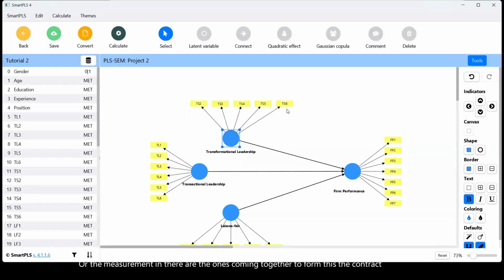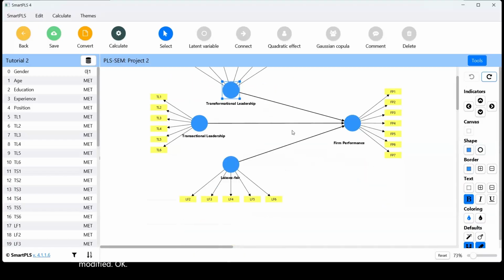If one item is deleted, the construct itself will not exist, because in the formative construct idea, the construct exists because the indicators are the ones that form it. So once one indicator is omitted, it means that what you are looking at has been modified. Okay, so that is it.